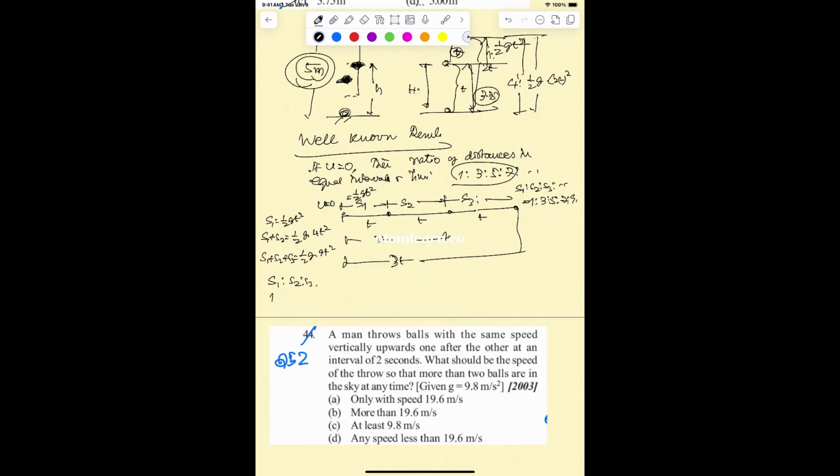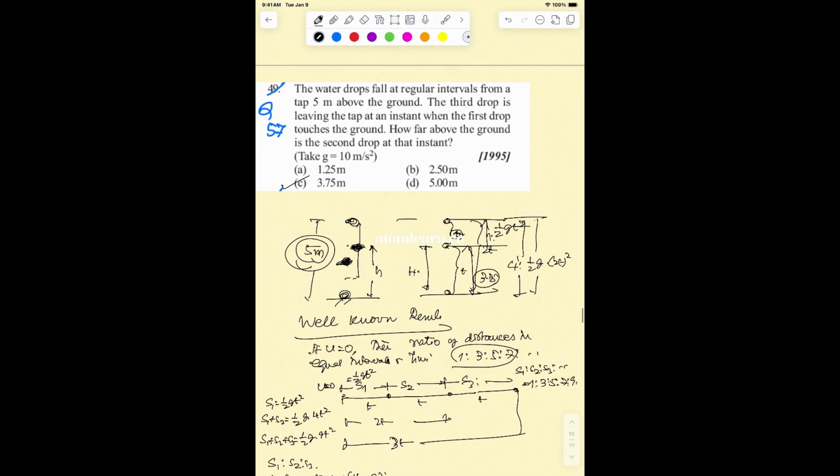Subtract: this is 1, this is 4 minus 1, this is 9 minus 4, next would be 16 minus 9, and so on. What is this? 1 is to 3 is to 5 is to 7, and so on. That's why I said, starting from rest, having uniform acceleration, the distances covered in equal successive intervals of time follow the arithmetic progression 1 is to 3 is to 5 is to 7 is to 9, etc.